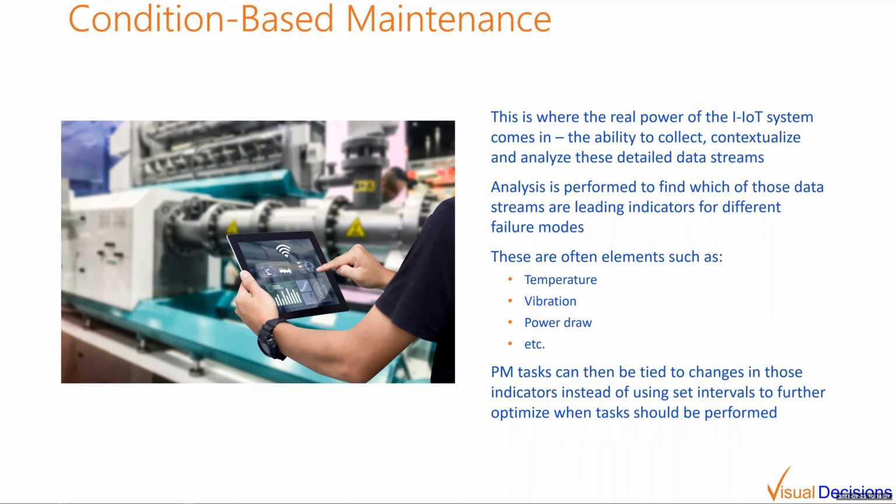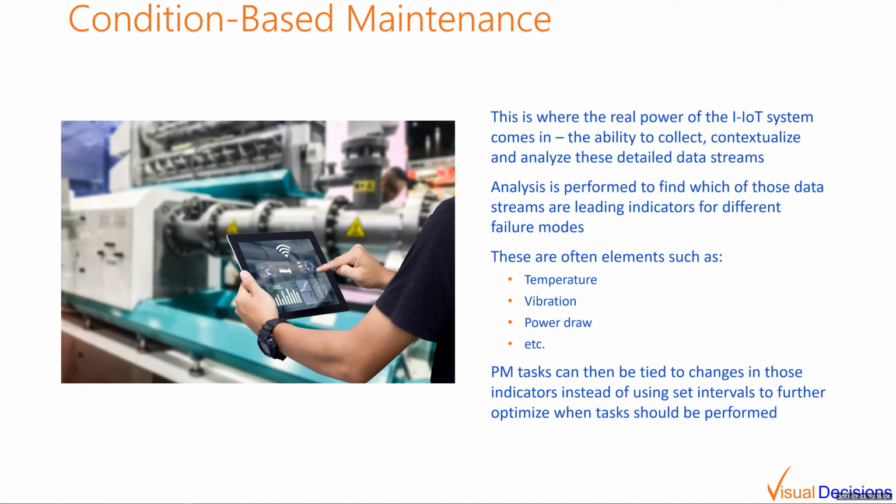And this is where the real power of the I-IoT systems comes in, the ability to collect, contextualize and analyze those detailed data streams. Analysis is performed to find which of the data streams are leading indicators for the different failure modes. Some examples of that are often temperature, vibration, power draw, et cetera.